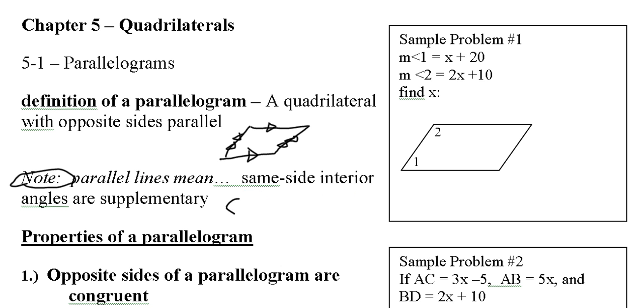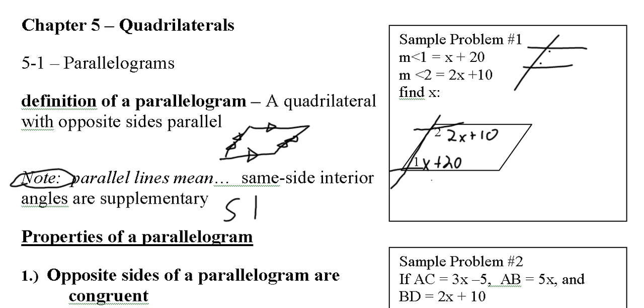So if we look at sample problem 1 over here on the right, it says the measure of angle 1 is x plus 20, and angle 2 is 2x plus 10. What we notice about these two is they're same side interiors on two parallel lines cut by a transversal. Like if I had two parallel lines over here cut by a transversal, these two angles would be supplementary.